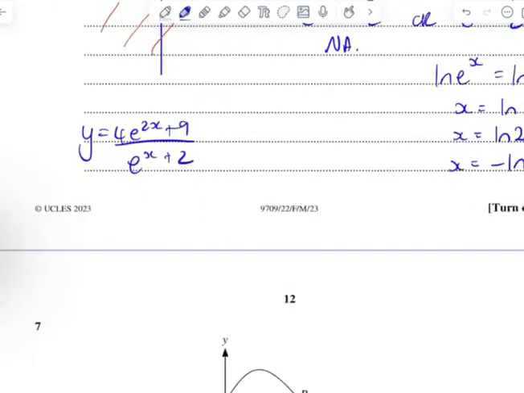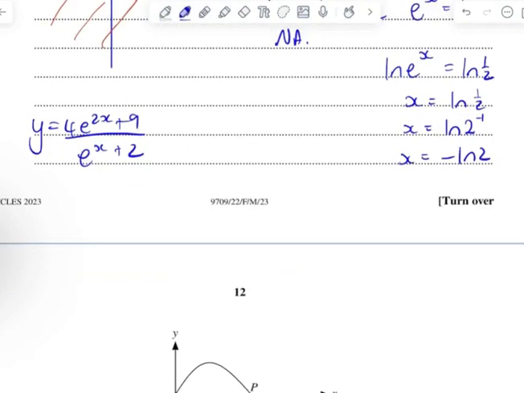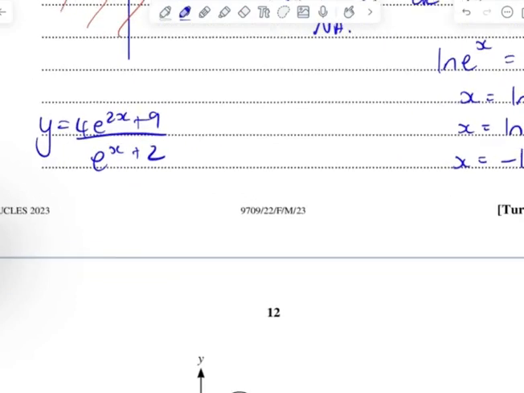And we know that our answer is, let's say, minus ln 2. So 4e to the 2 times minus ln 2 plus 9 over e to the minus ln 2 plus 2.